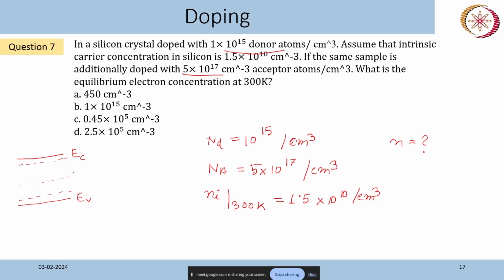450, okay. So what type of material is it, whether it is n-type or p-type? It is compensated, but where will the Fermi level lie in this case, because electron concentration is 450 per centimeter cube.